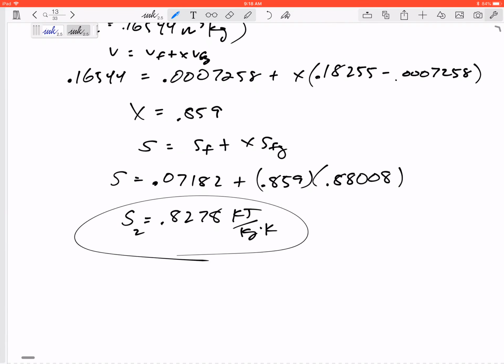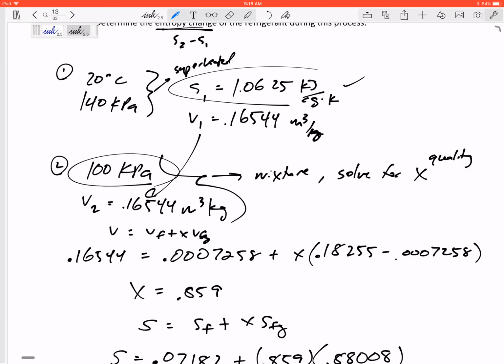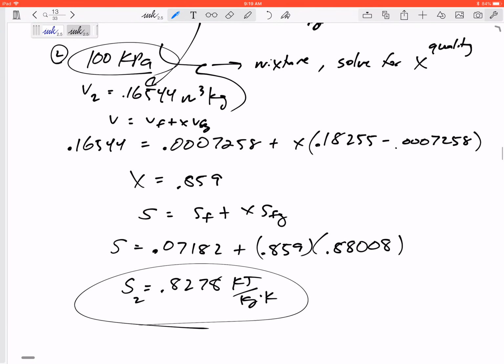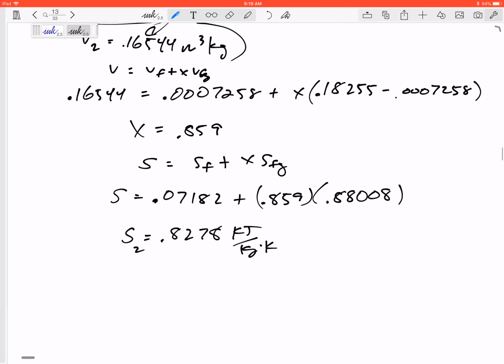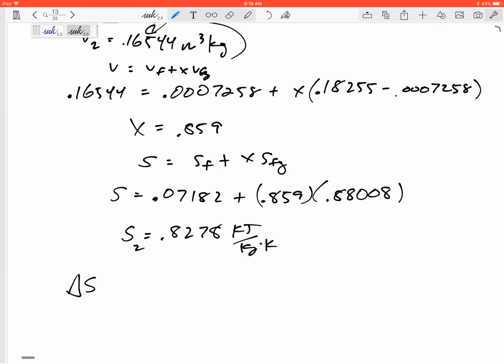If I just take this S1 and S2, that's actually the change in specific entropy. So to be completely correct, let me take delta S as the mass times delta little s.